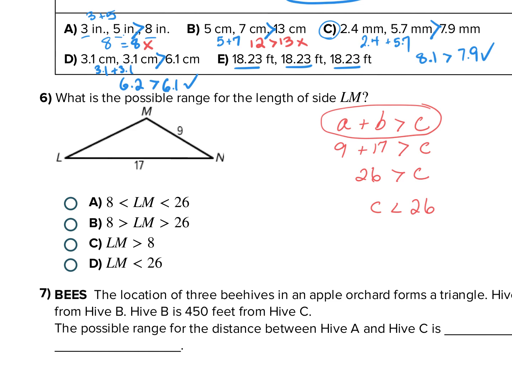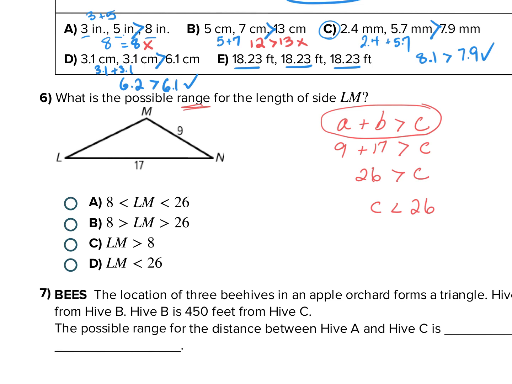But it said range. So a range indicates from some number to another number, okay? And in the example that I just did, we assumed that the missing side was the longest side. Well, what if the missing side was the shortest side? And that's how we get our range.